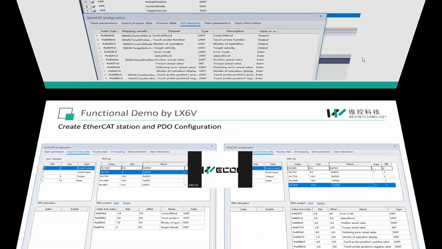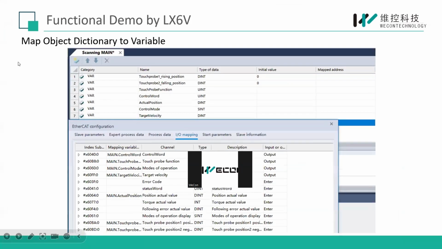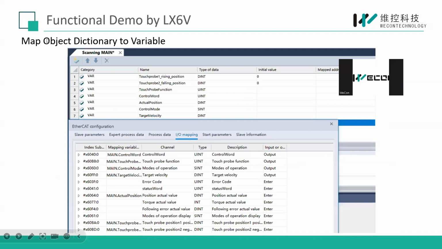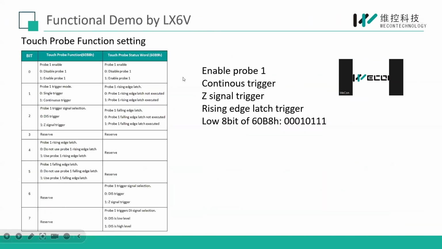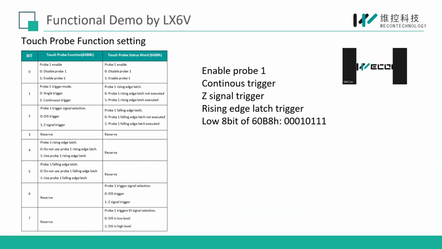And after configuring the PDO, we need to create its variable and map it to our PDO. For example, for TouchProbe 1, we enable it, use continual trigger and use the Z signal to record, and use the rising edge, because for the Z signal we can only use the rising edge.